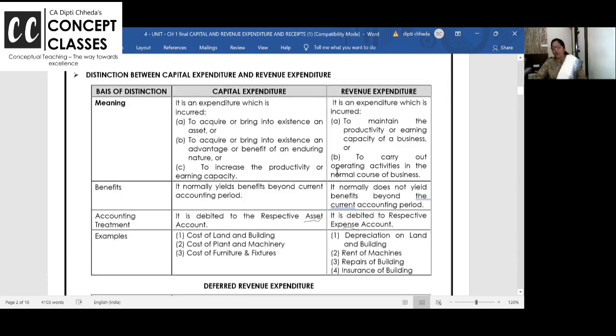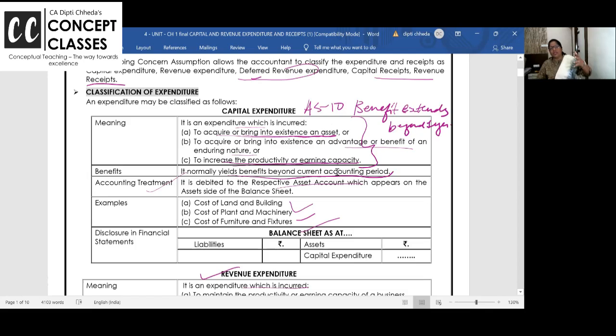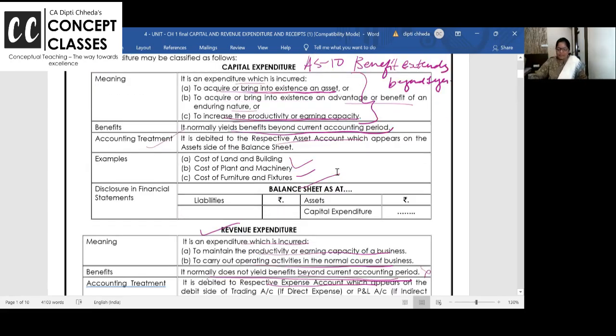So I hope now it is separately clear what is capital expenditure, where the benefit goes beyond the year. What is revenue expenditure? The benefit is within the year. Examples and basic definition: capital expenditure is incurred to acquire the asset. Revenue expenditure is incurred to maintain the asset. That is the distinction.